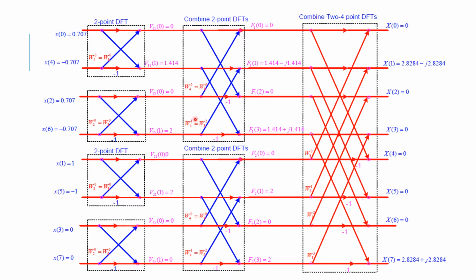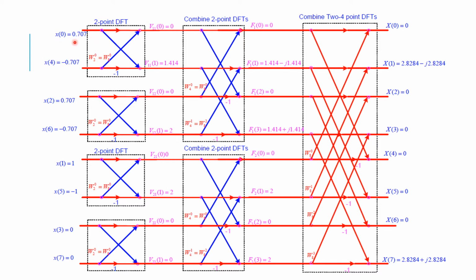The same thing you place here: W8 to the power of 0 and W8 to the power of 2. For the third stage, there is no issue. You can simply write W8 to the power of 0, 1, 2 and 3. Hope you understood. Now your diagram will look like this, with twiddle factors filled as W8 to the power of. Right. Now how to follow the calculations.